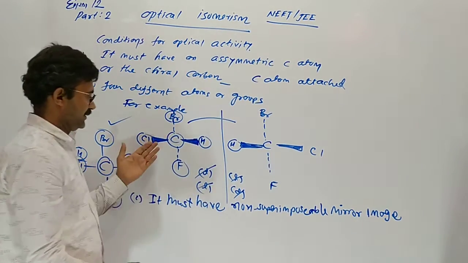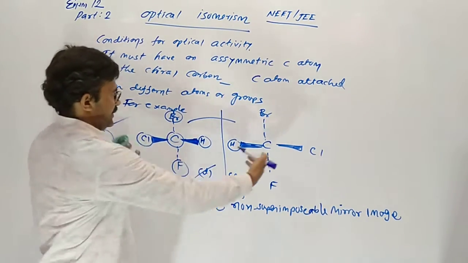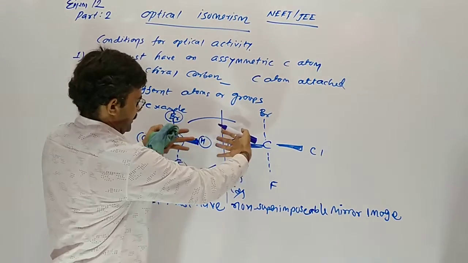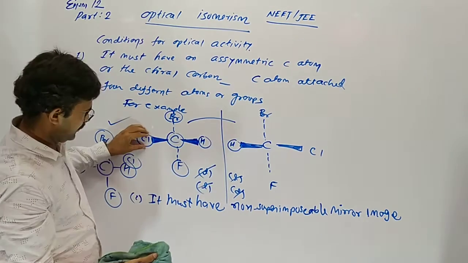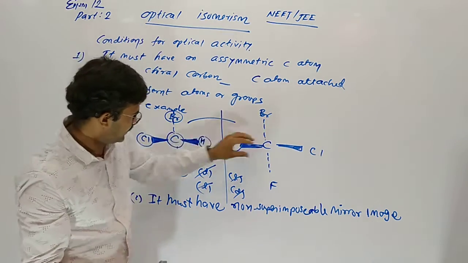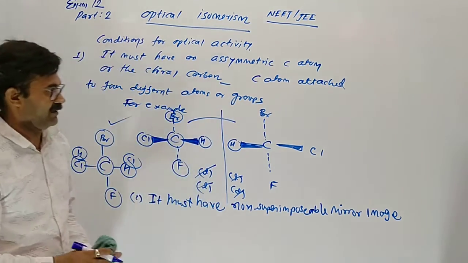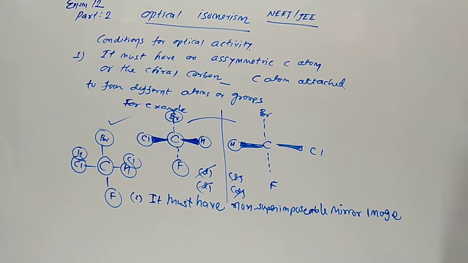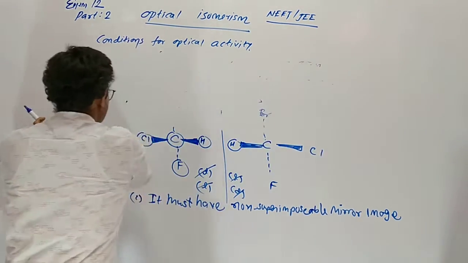When we see this compound in the mirror, it looks like this, and when both come close to each other without changing the plane, H comes here and chlorine comes over the H. Both are not superimposable. So it behaves optically active.